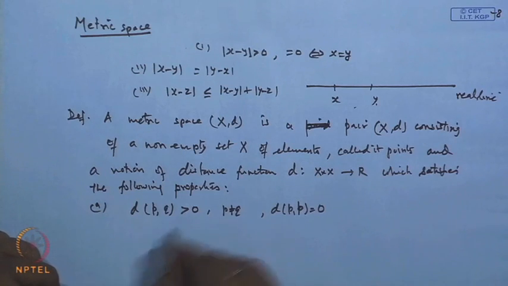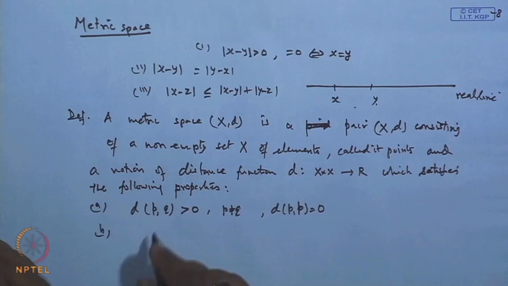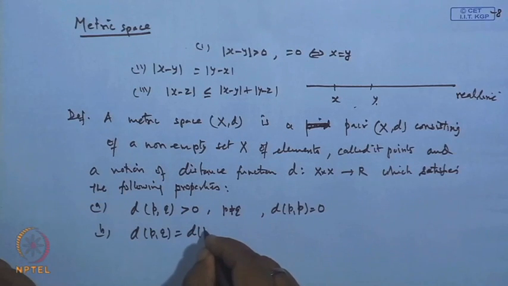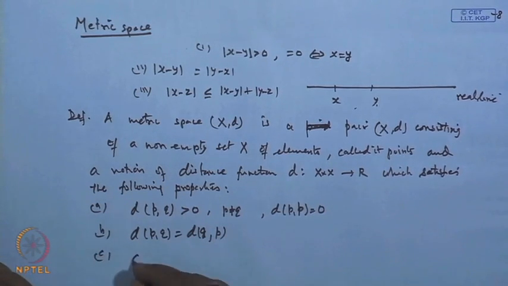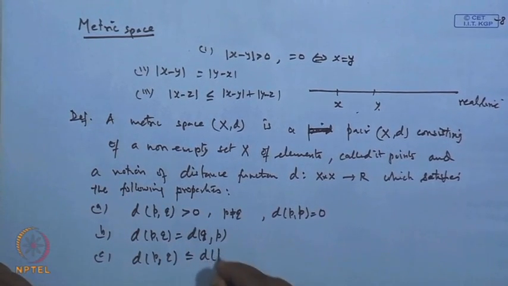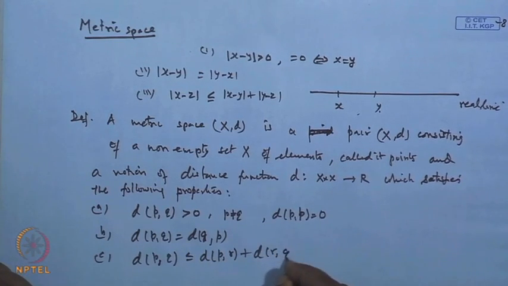Second, d(P, Q) is the same as d(Q, P). Third, d(P, Q) is less than or equal to d(P, R) plus d(R, Q).